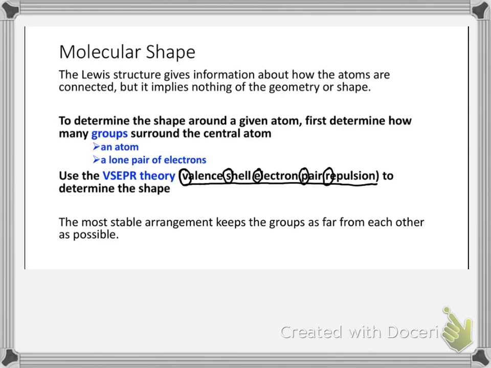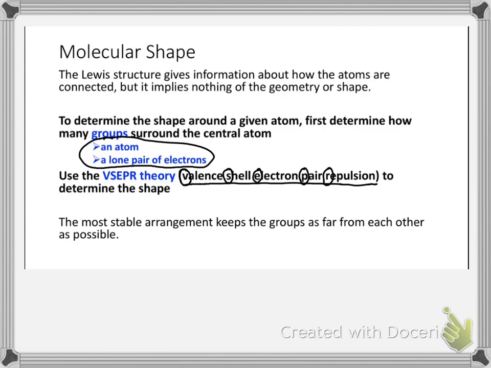So the things that we're going to have to pay attention to, we call them groups. They're electron groups, and they will either be an atom bonded to a central atom, or lone pairs. So you're going to see once we get going, I'm going to be counting up how many atoms are bonded to the central atom and how many lone pairs.